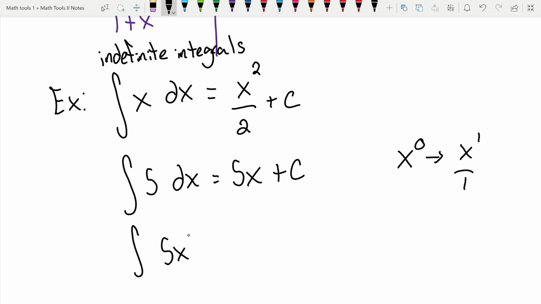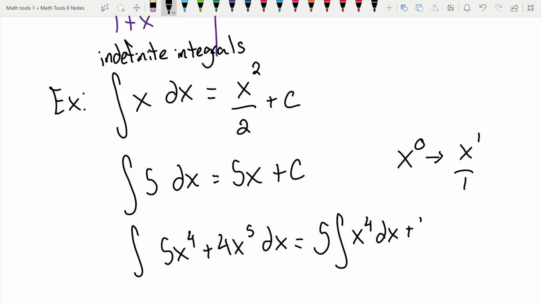The integral of 5x to the 4th plus 4x to the 5th. Again, we're using the power rule here, and our integral properties told us we could take the integrals of these separately and also ignore the constants in front. So if we want to be technical and write the whole long thing out, we can find 5 times the integral of x to the 4th dx plus 4 times the integral of x to the 5th dx.